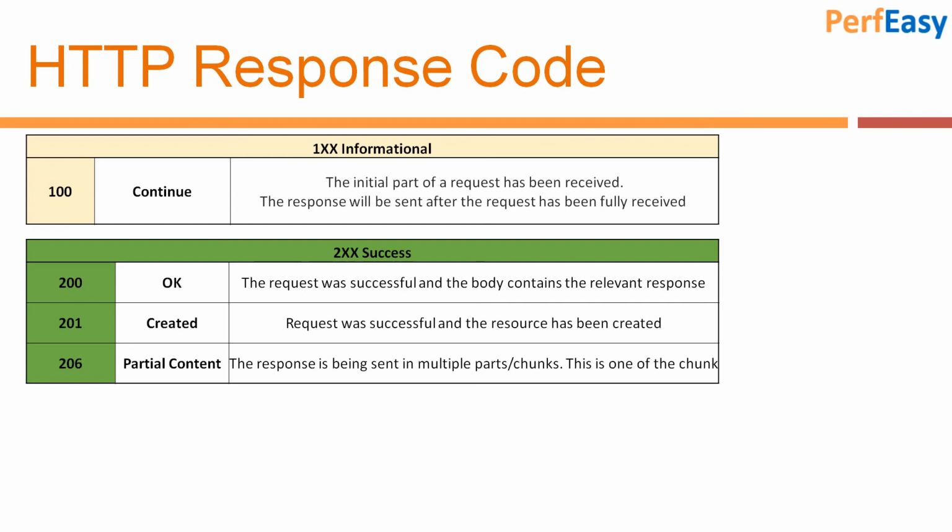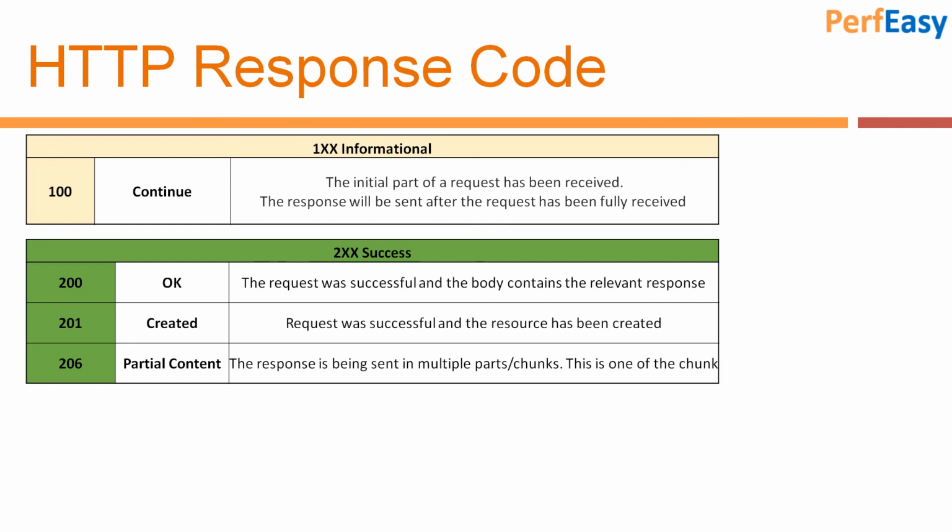Let's talk about the second one. The second example is 201 Created. This is also a success message, but it is used when we are trying to create a resource on the server side. For example, this is mostly used in microservices or API calls, where we send a JSON request and it makes an entry into the database or NoSQL or wherever.